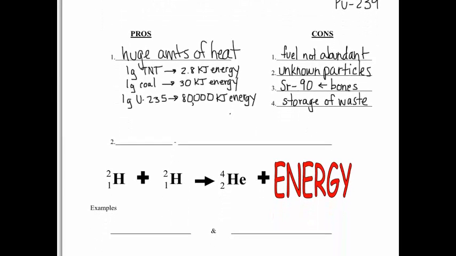Now I want to talk about the elusive fusion reaction. Fusion is where it's at, I'm telling you. Fusion is not the splitting of atoms, but the combination of those atoms. So we're going to try to combine some atoms.